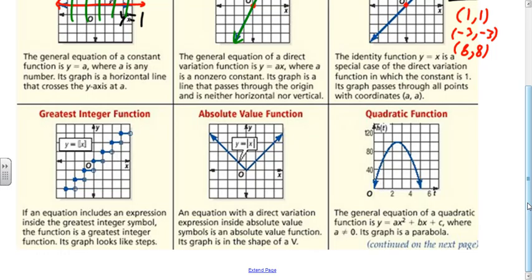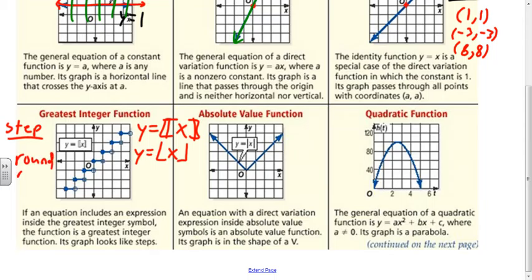Moving right along, next we have the greatest integer function, which we've also come to call a step function. Now, we have taken to writing it with this double bar bracket here. You may also see it written with a bracket with an underline piece here. That just means that when we look at it, we always round down.